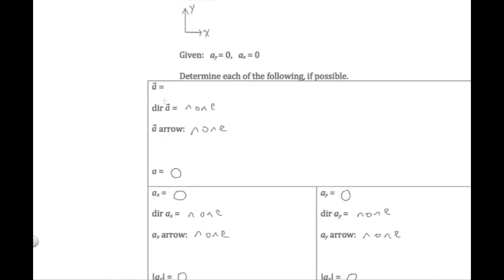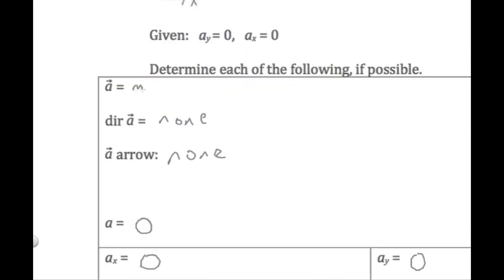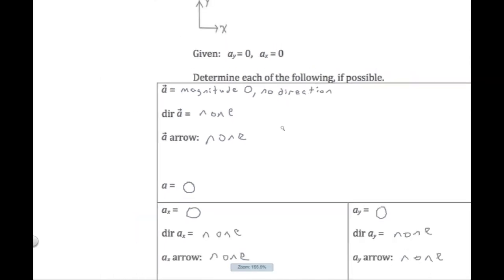So we can say that our overall vector A has magnitude 0 and no direction. 0 vectors have no direction. That should have been super easy. I just wanted to cover the case of a vector that has 2 0 components, just for completeness.